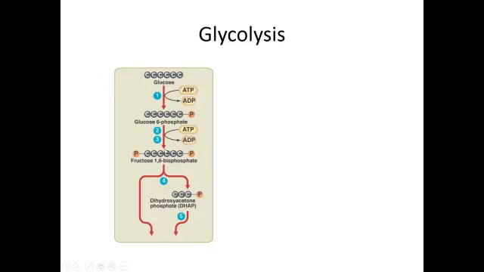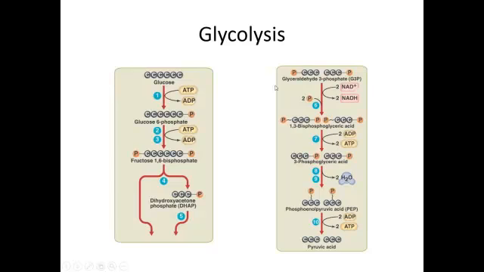From here, we get the actual lysis of our glycolysis, and we split this. We get a molecule of glyceraldehyde 3-phosphate, affectionately known as G3P, and a molecule of dihydroxyacetone phosphate, or DHAP.